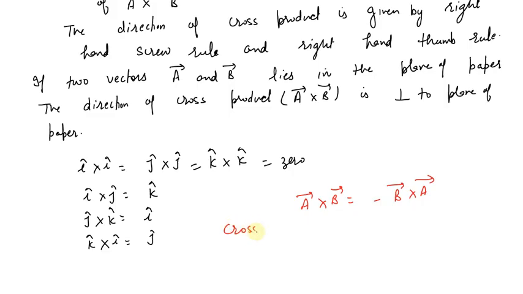Cross product of two vectors is anti-commutative.